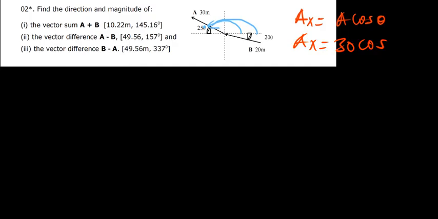So I'll use 155 degrees. I'm getting the angle from positive x-axis. So I'll say my ax will be equal to, yellow is not visible, so I'll say 30 cos 155. You have got a question, Justina? Okay, so now I'm getting negative 20.